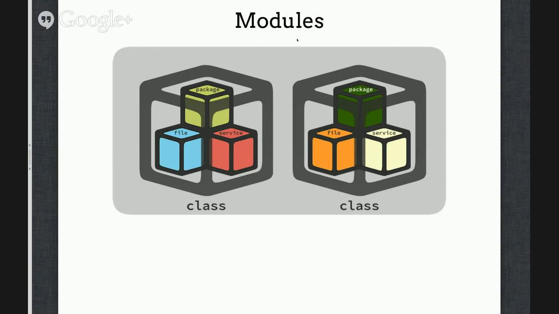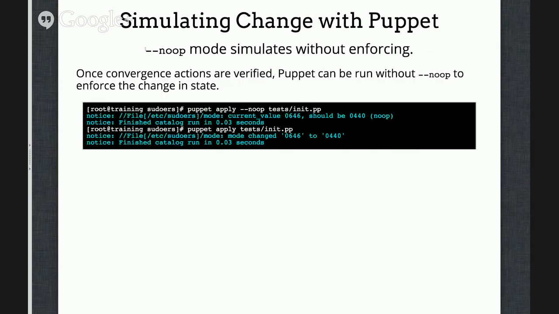Okay, let's move on. So we've got this concept of the no-op operator. And this is really handy and will save your life. You must get to know it, and you must use it all the time. Once you've written some Puppet code and you're trying to test that Puppet code, we use what's known as puppet apply.